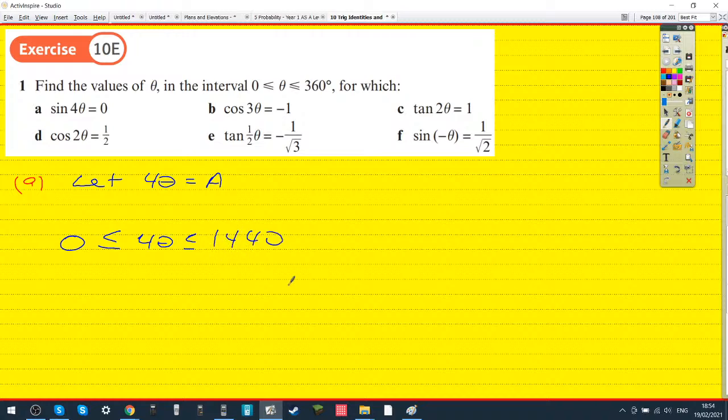The rest of those look very similar. And for the next one, the range is 0 to 180. Well done. That's half theta, and a half theta would be A. That's what you would do with that one.